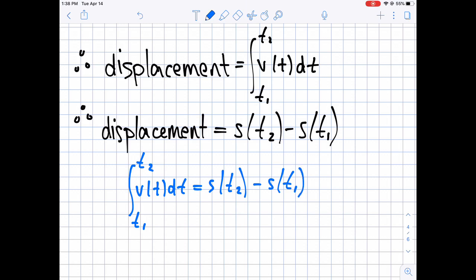Really, our displacement function, s of t, is an antiderivative of our velocity function. And so FDC2 gives us that if you want to evaluate this definite integral, we could simply find our antiderivative, find our displacement function, and take the difference between those 2 values.